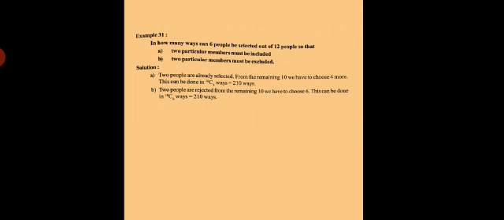Next sum, 2 more sums are remaining, students. In how many ways can 6 people be selected out of 12 people so that A, 2 particular members must be included, B, 2 particular members must be excluded. Here see, out of 12 people we must select 6 people.